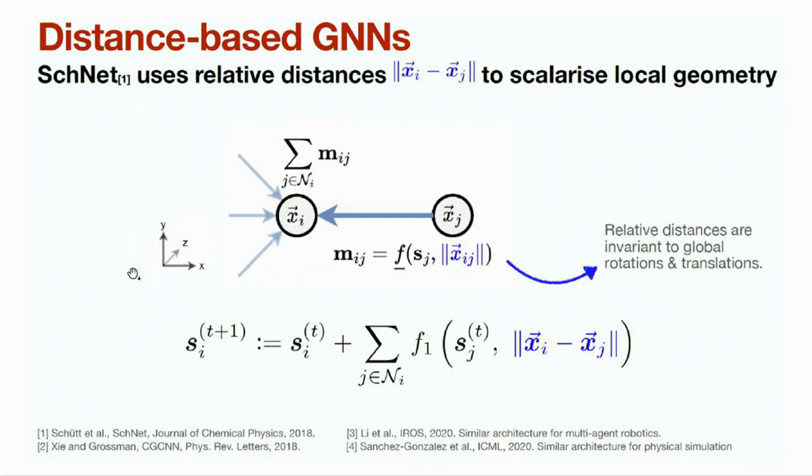Right? So a very naive, very simple way that you can come up with a scalarized feature of geometry is the distance. If you look at the relative distance of every 2 points, however you translate or rotate your graph, the relative distance will not change. So the easiest way we could come up with is to use the relative distance to capture this invariance of geometric features.